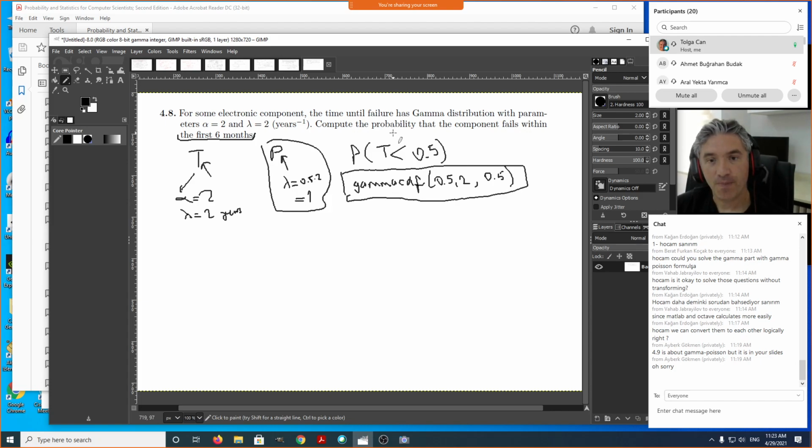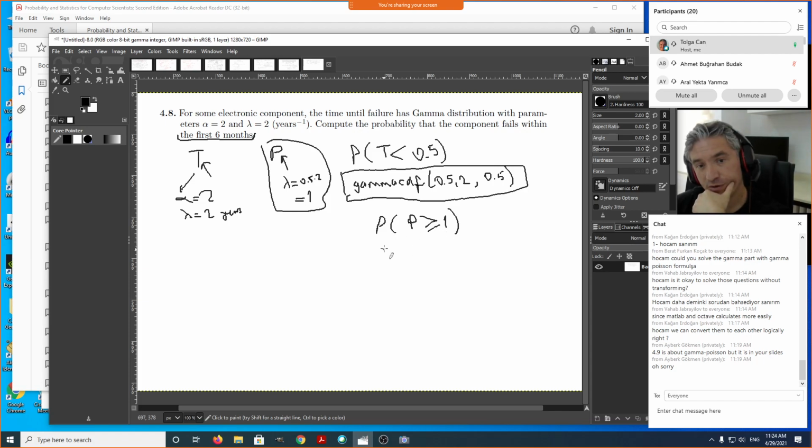All right, so what is the probability that the Poisson variable is greater than or equal to 1 in these 6 months? What is the probability of obtaining 1 or more failures in 6 months?